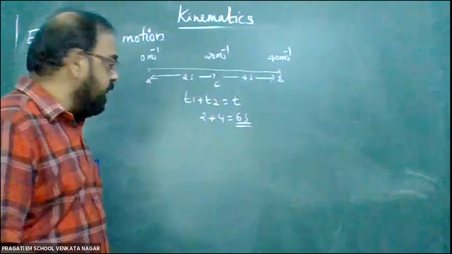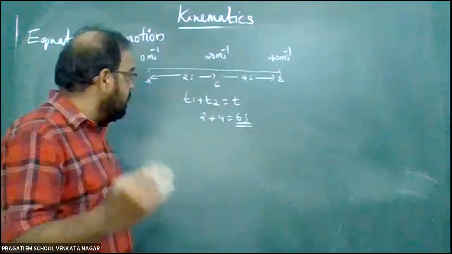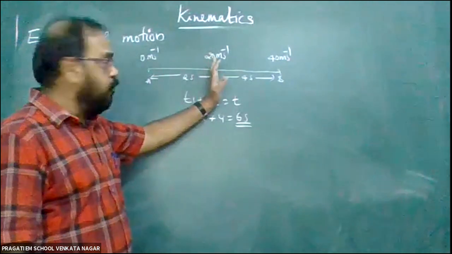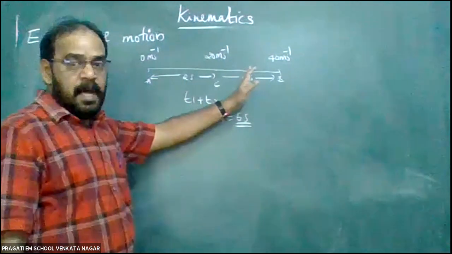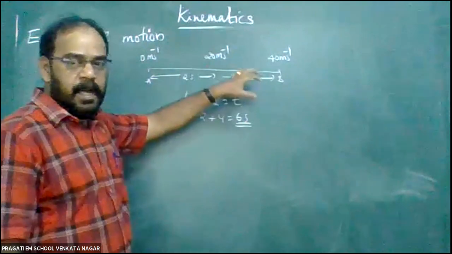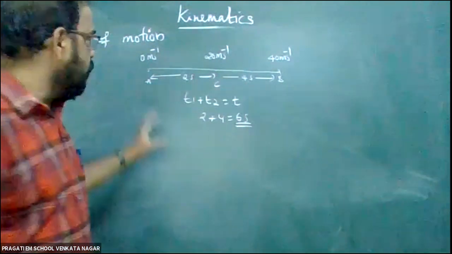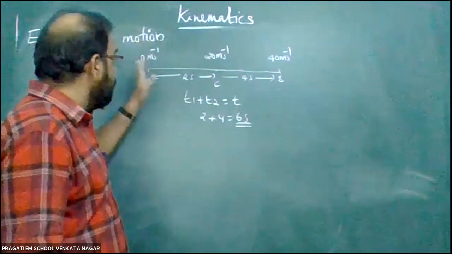Starting from A to B, it is taking 6 seconds. In the 6 seconds, they can ask you what is the distance traveled after 2 seconds, after 4 seconds, in the 5th second, or in the 4th second. Like that, a large number of questions we can answer. What is the velocity here?